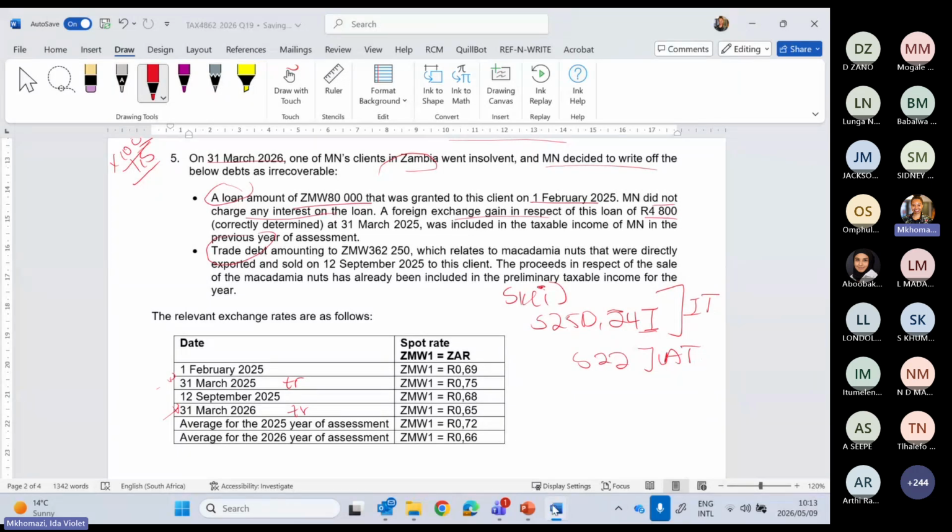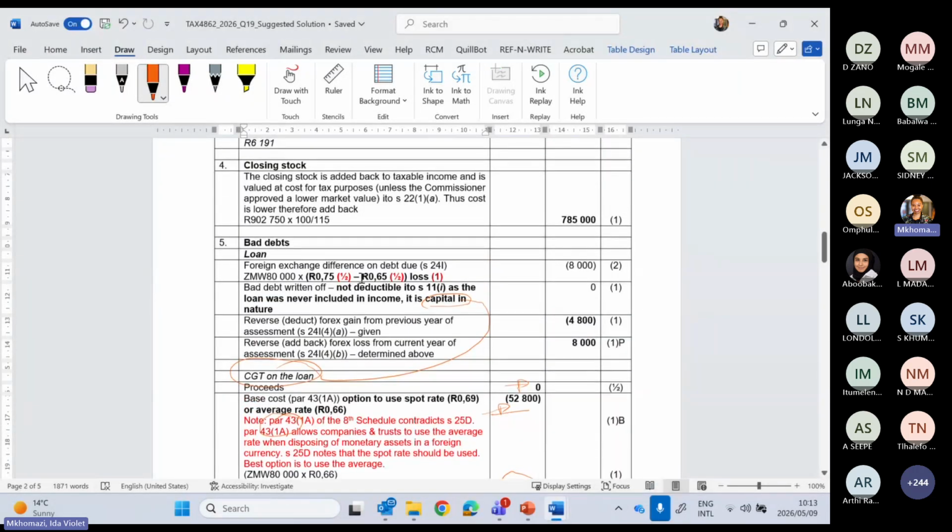So you are going to end up with a foreign exchange loss that you're going to deduct from the calculation. So with your foreign exchange differences, usually we award 2 marks for that. You get half a mark each for identifying the correct rate, and you get a mark for correctly noting whether it's a loss or a gain.